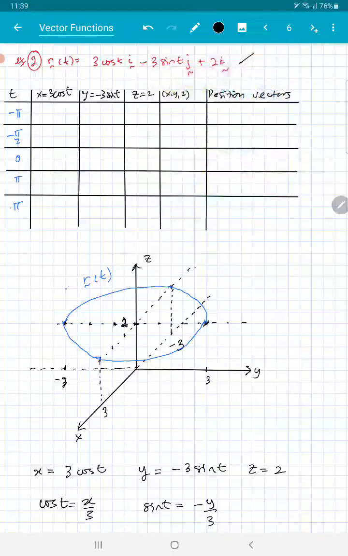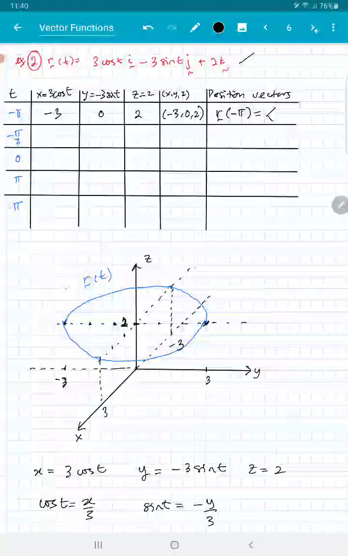Now when t is negative pi, we know that cos negative pi is -1, so x is going to be -3. Sine pi is 0, so y is going to be 0. Z here is always 2, so we have one point, which is the point at the end of the position vector. So we have one position vector when t is -pi.